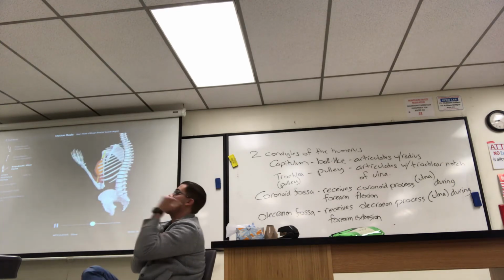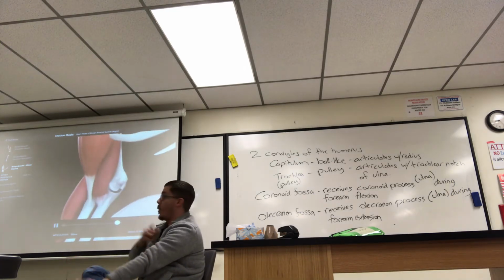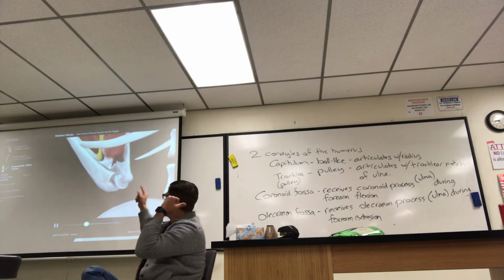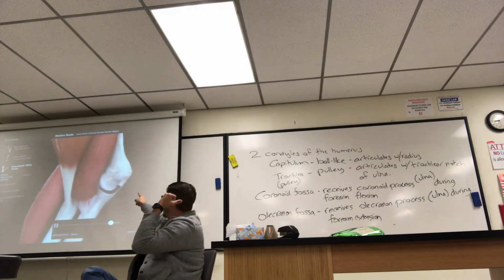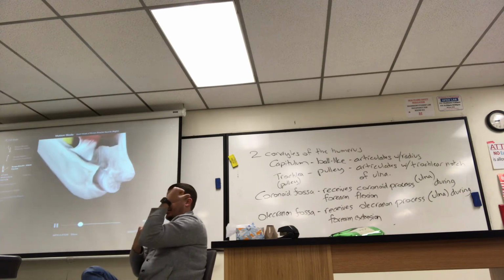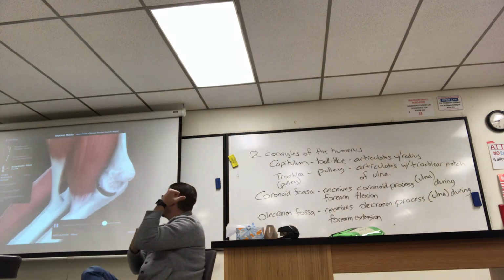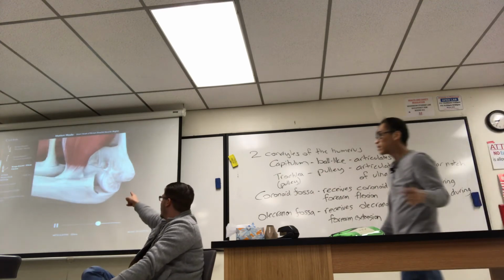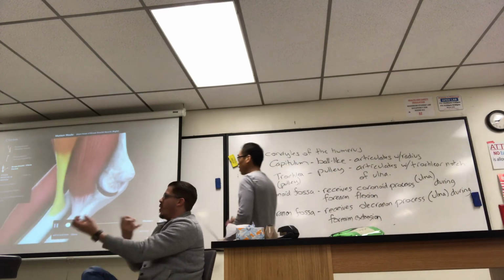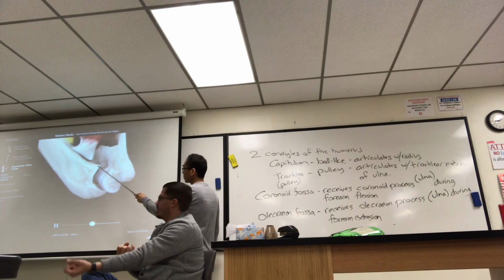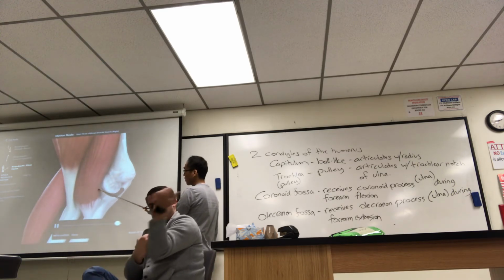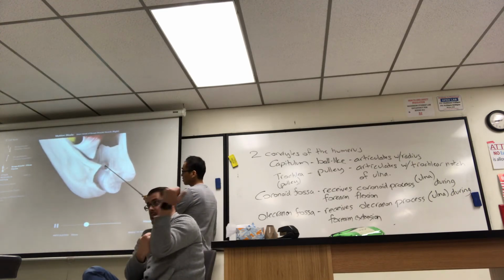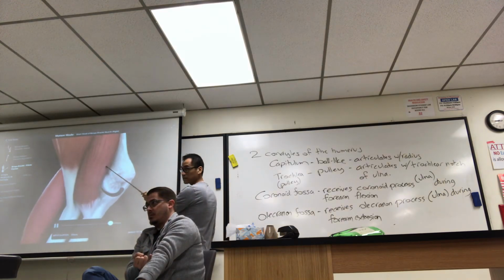When I zoom in on the joint, when you flex, you should be able to see a little lip going right into that fossa. So what I was trying to say is the coronoid process is right there. And as you flex, it fits into that fossa in the front.